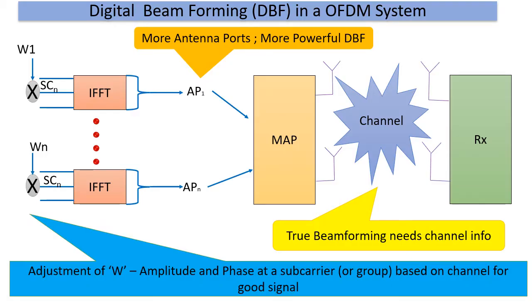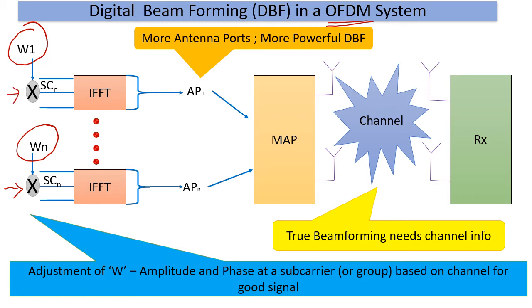What is digital beamforming? And since we are more towards a Wi-Fi and 5G system, both being OFDM based, we will use OFDM systems. So in a nutshell, digital beamforming is typically in this context implemented what we call pre-IFFT in an OFDM. And the beamforming is represented here by multiplying the symbols that you want to transmit in a certain subcarrier.